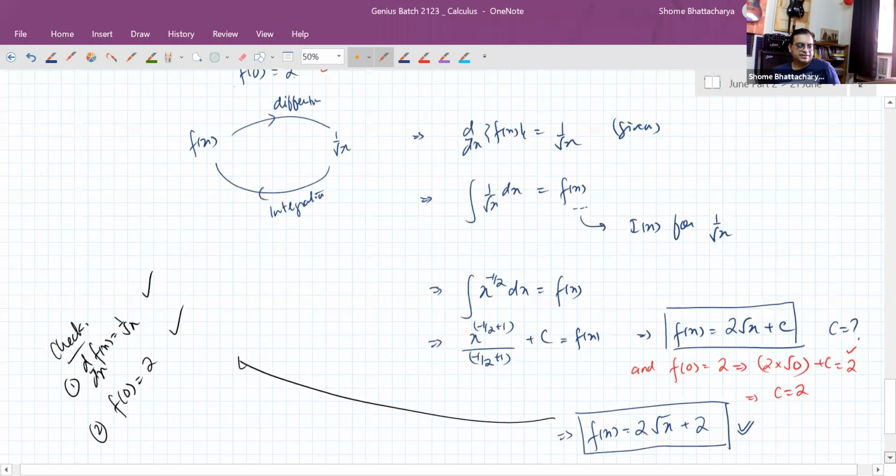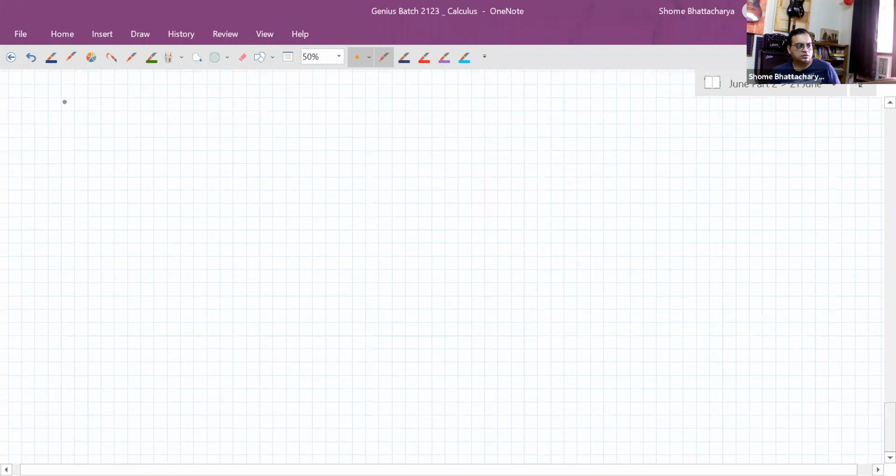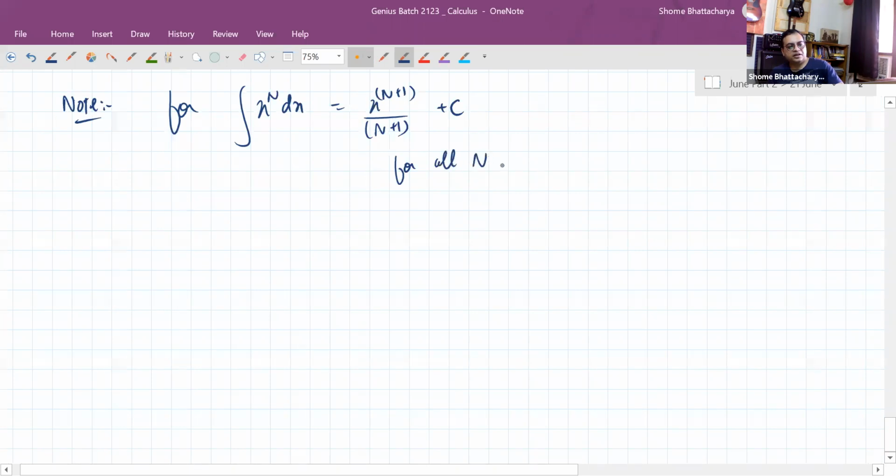Okay, so now we come to the exception for the x to the power n formula. For the formula, integration of x to the power n dx, it holds for all n except n equal to minus 1. Now what about integration of this?